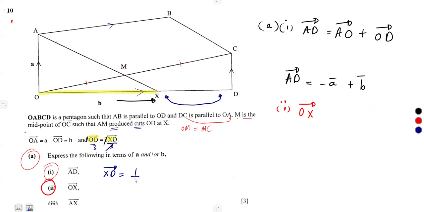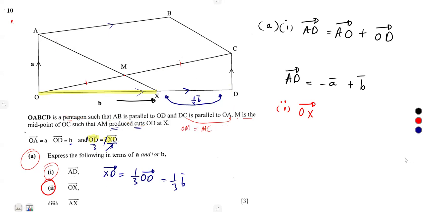If we divide by 3, it's 1 over 3 of OD, where OD is vector B. So that's simply 1 over 3 vector B from X to D. So to find OX, are we seeing that OX is found on OD?